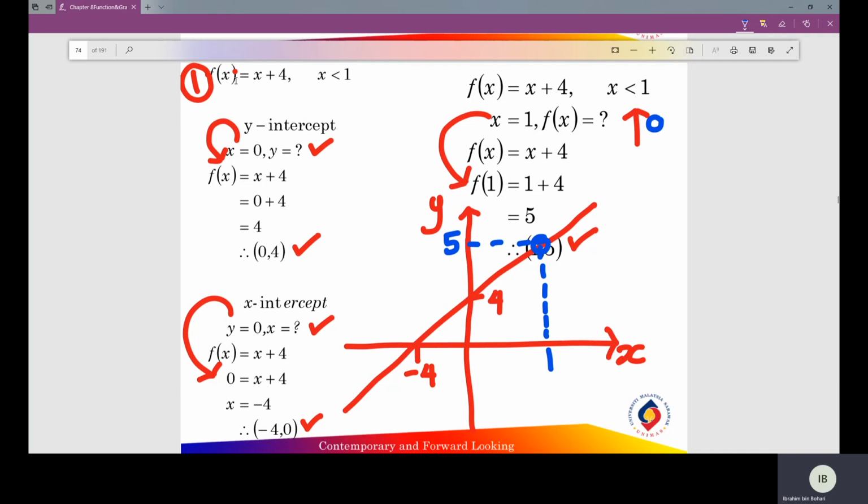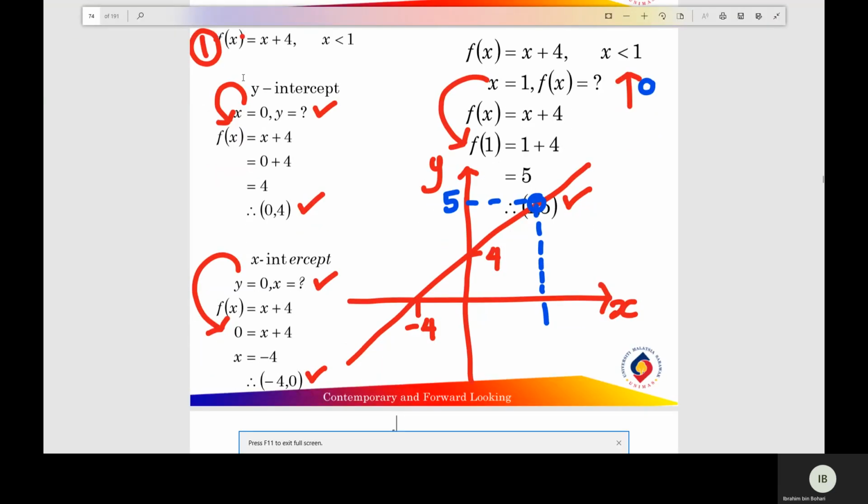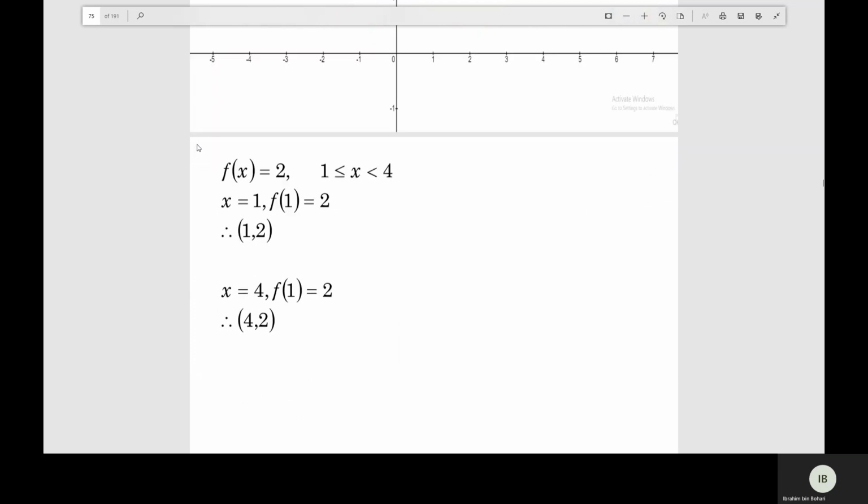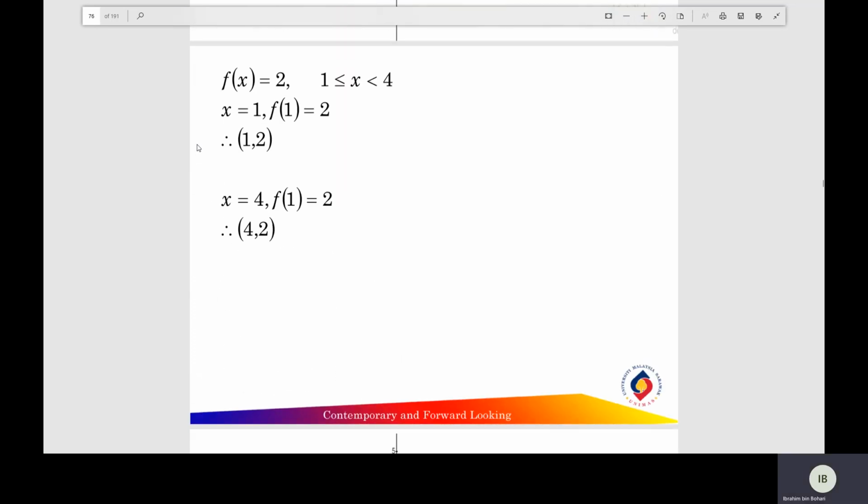And then the second function f(x) here equals 2.